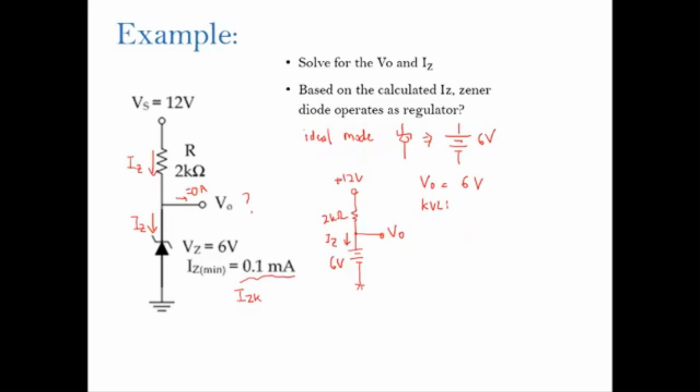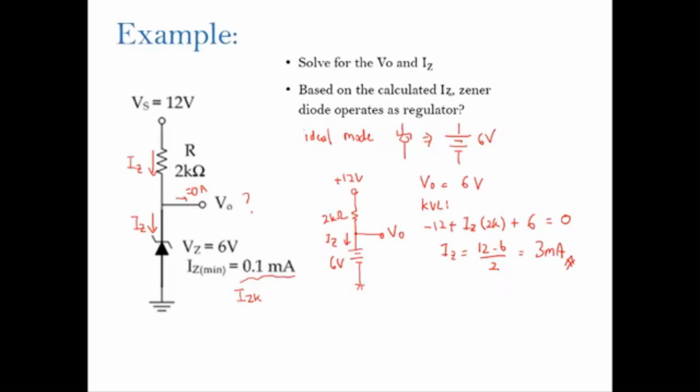From plus 12 volt until ground, it should be minus 12 plus Iz times 2k, and then plus 6, equal to 0. So here Iz is equal to 12 minus 6 over 2, which is equal to 3 milliampere. So the Zener current is 3 milliampere.